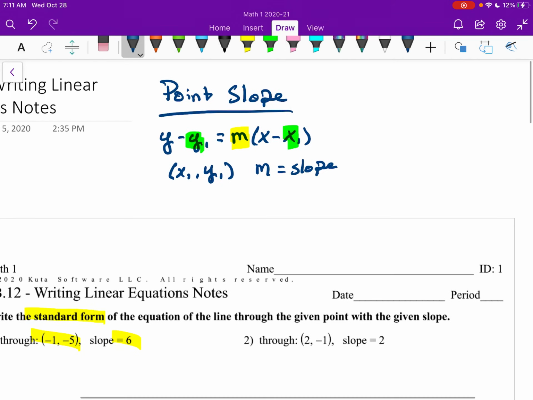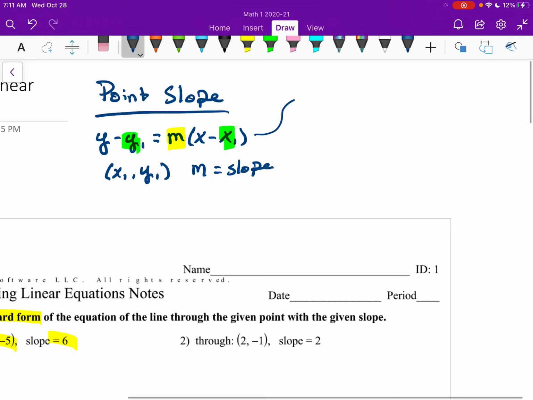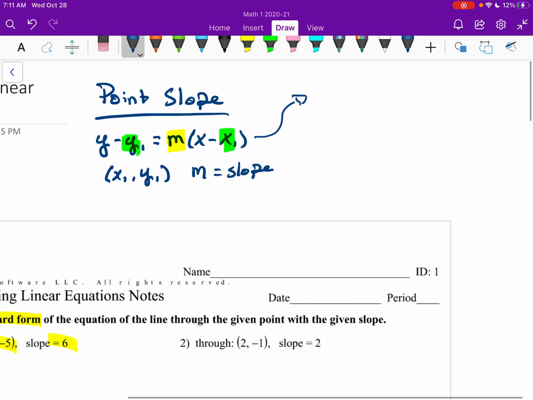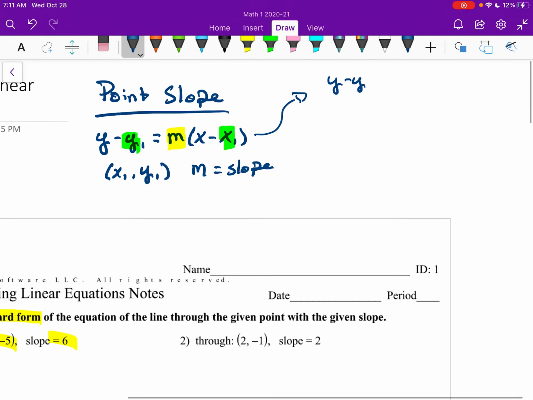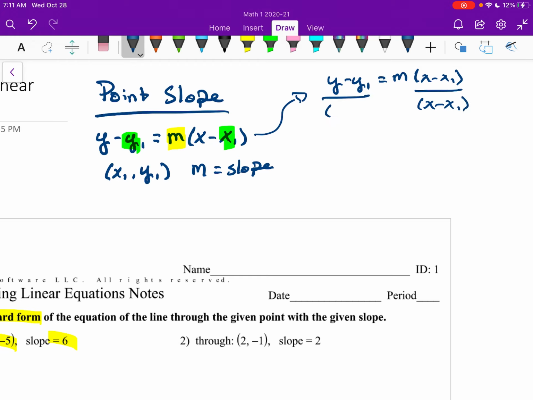Now, let's pull this over here for a second. If I were to divide by x minus x1, let me rewrite that. I'd have y minus y1 equals m times x minus x1, and I'm going to divide by x minus x1 on both sides. These would cancel, and I'd have y minus y1 over x minus x1 equals m.